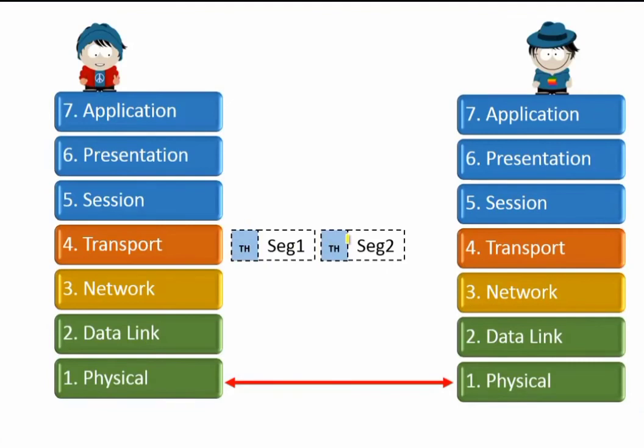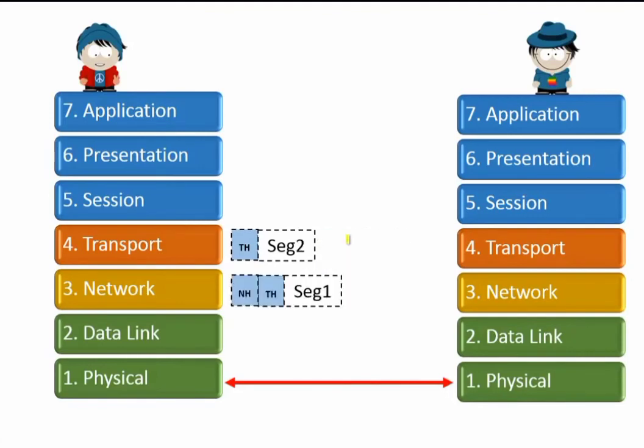Next, let's assume we are dealing with UDP here, so it is not waiting for acknowledgement, and it will send segment 1 to the network layer. The network layer, as we know, will add a network header to it and it becomes a packet now.